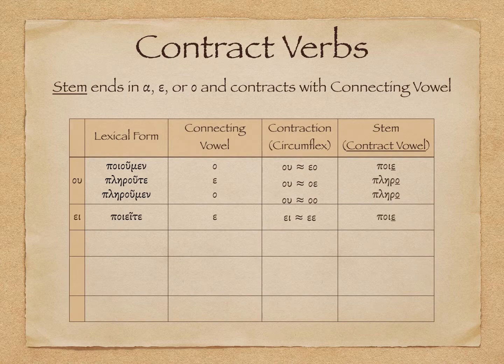Second, poieite, connecting vowel epsilon. You have epsilon, epsilon together, and that contracts to epsilon iota, or poieite from poieo. The stem is going to end in epsilon. The third example is an omega, and that omega has a circumflex. That clues you it's a contract verb. In this case, agapomen is our example.